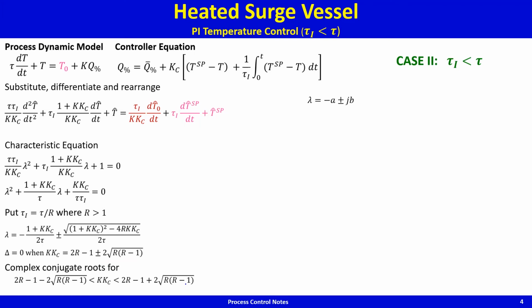So these roots are of this form: lambda is equal to minus a plus minus jb, and so the homogeneous part of the solution is going to be linear combination of exponentials of these two lambdas.